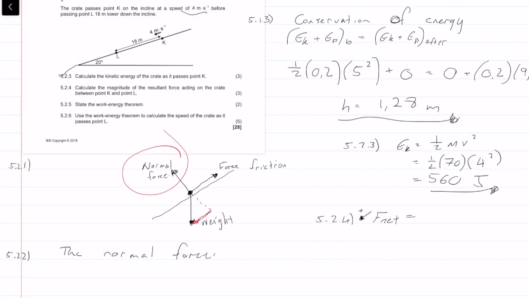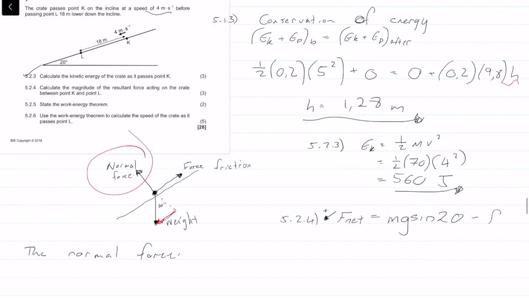Okay, and we know that angle there would be 20 degrees. Okay, so the sum of the forces, so that would be a positive force downwards, so that would be mg, that's your weight, and then sine 20, minus the force of friction.